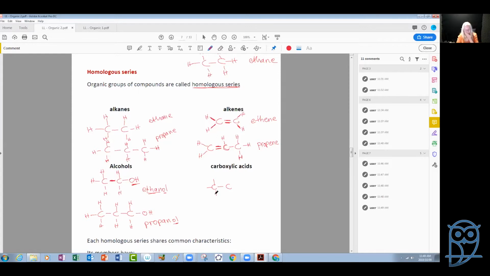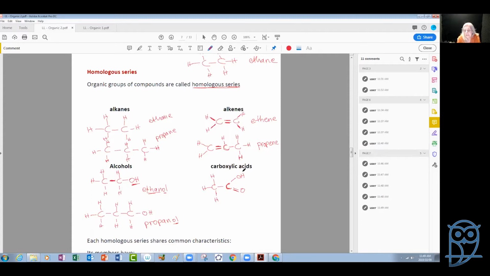Now, the carboxylic acid, one of the carbons is connected to one oxygen and one hydroxy group again, and the others will have hydrogens.